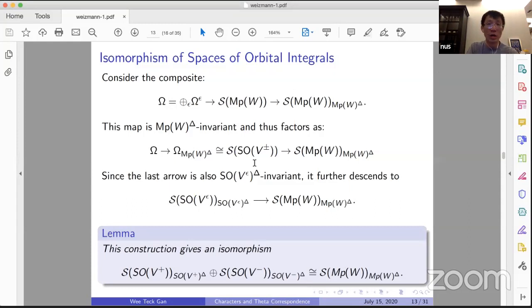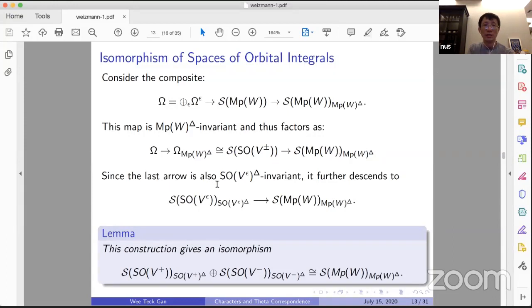So I actually get a well-defined map from the test functions on SOV to this co-invariant space, which I think of as the space of orbital integrals on MP. This map is the transfer map, when you descend the target to the space of orbital integrals.